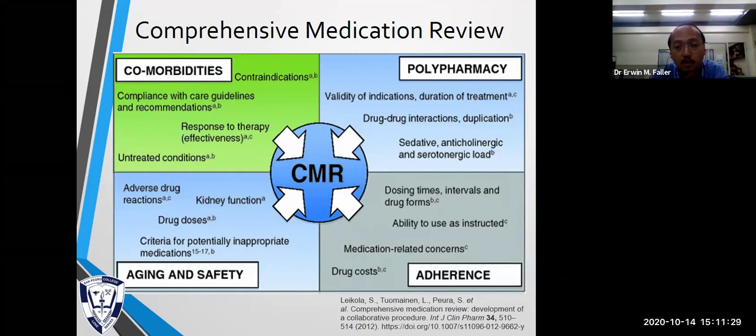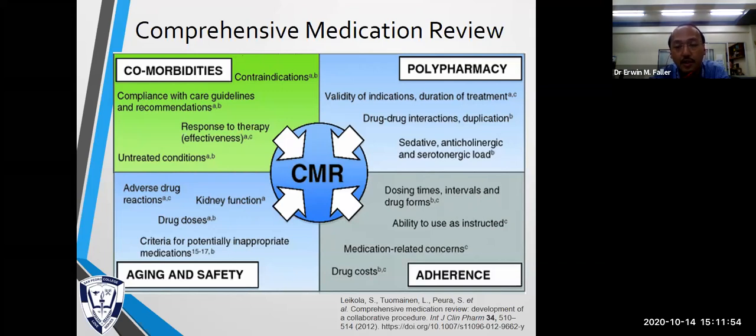In the indication, we validate because there may be certain duplications of a medication. And if it is two or more, there are higher chances of interactions. It may be drug-drug interaction, drug-food interactions, drug-herbal interactions, or more.